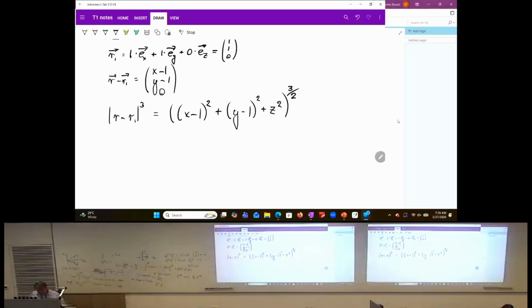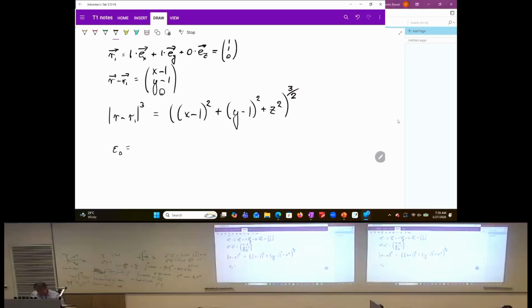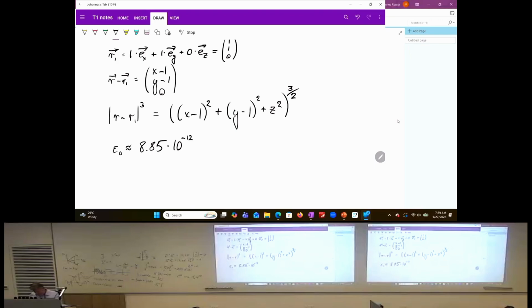Our epsilon is a bit rounded, but usually that is a good value to calculate with. It's 8.85 times 10 to the minus 12. This is also a quantity that is good to know by heart. Also, please know by heart the units here.